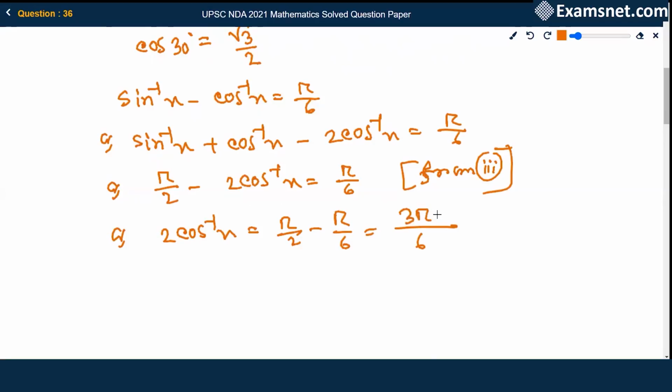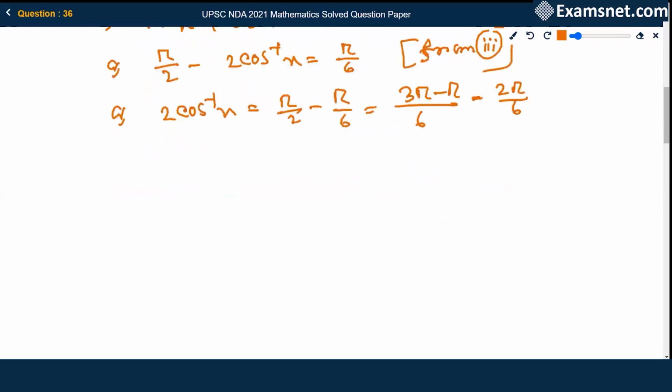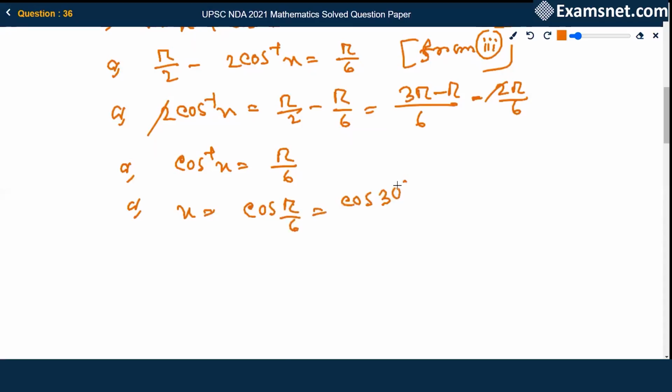So 2 cos inverse x equals pi by 2 minus pi by 6, which is 3 pi minus pi over 6, that is 2 pi by 6. Both 2s get cancelled. We are only left with cos inverse x equals pi by 6. So x equals cos pi by 6, meaning cos 30°.